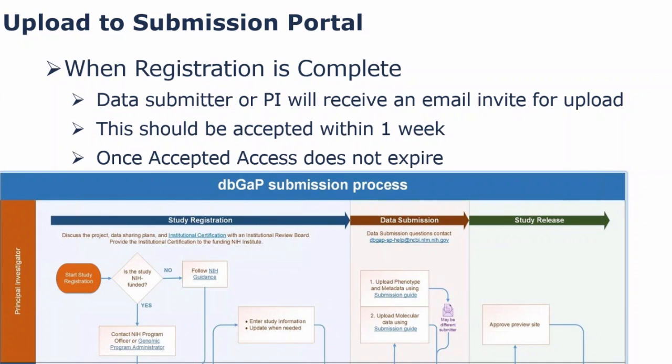The reason we do that is we don't want these invites to be out in the wild for too long. It's really following the model set up by the manuscript submission process with PubMed Central. So there's a week to accept it, but it's not difficult to accept it. And once you've accepted, you can log on anytime after that to do the upload. Great. Thank you for clarifying that.